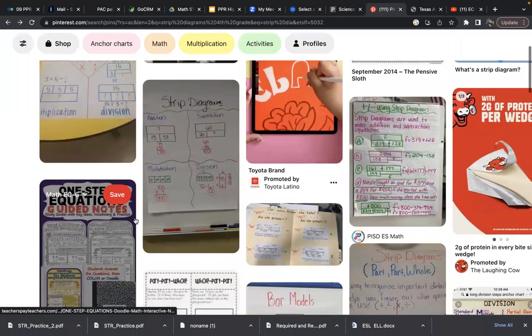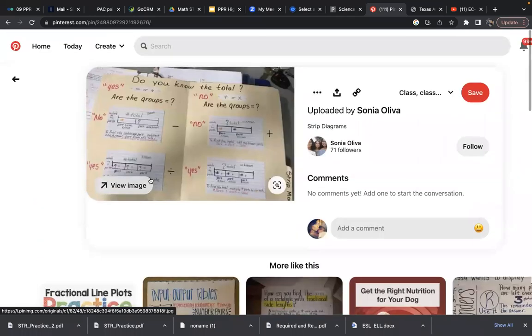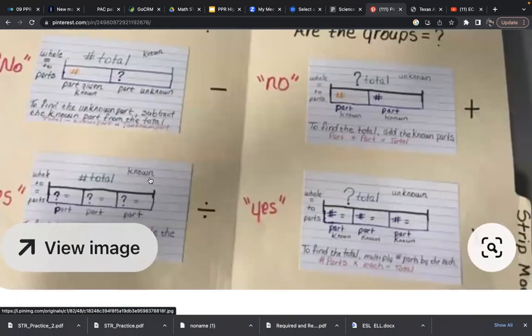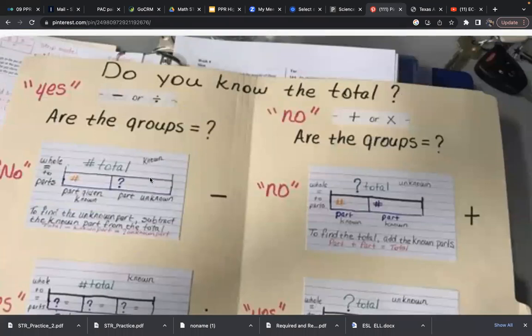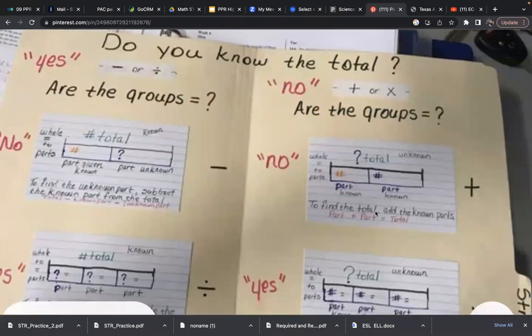which means you do too. Here are other strip diagrams and ways to utilize them. Do you know the total? Subtract or divide, add or multiply. Find the total.